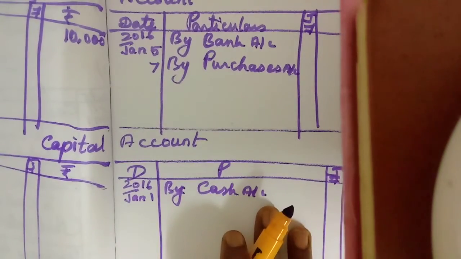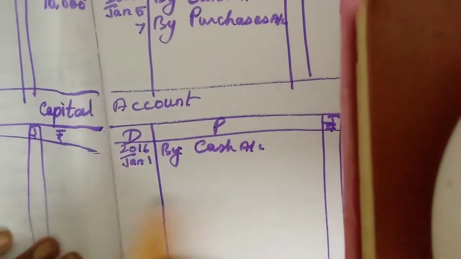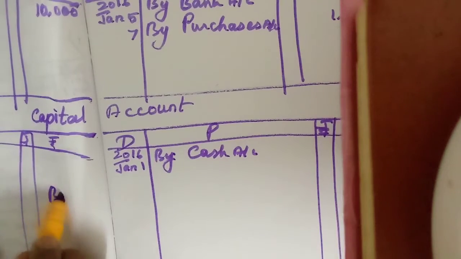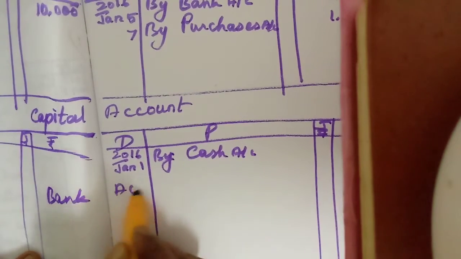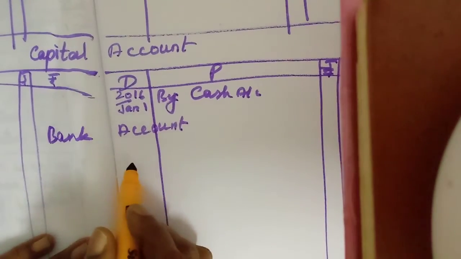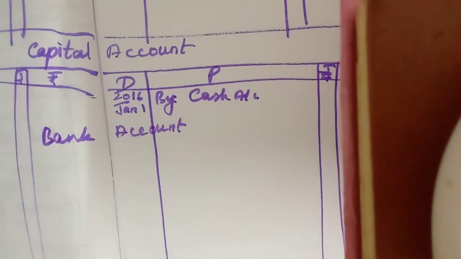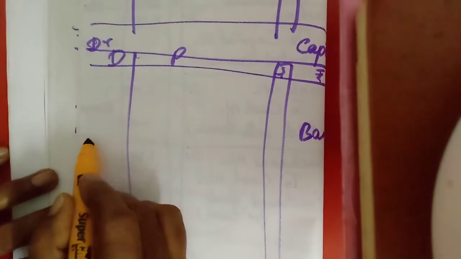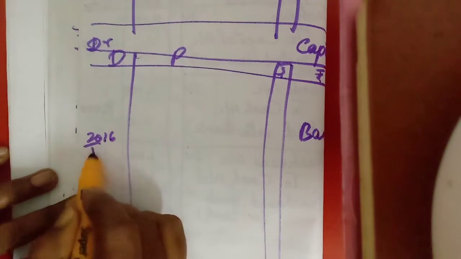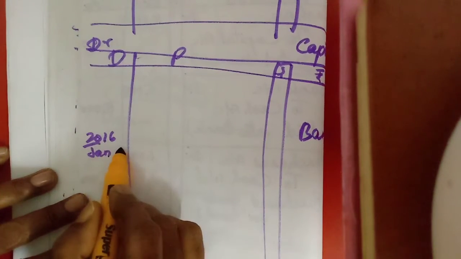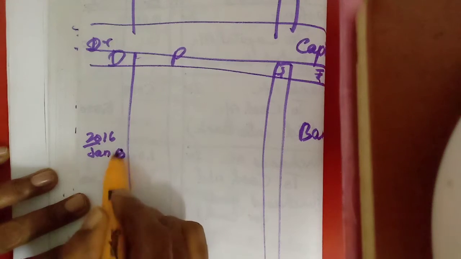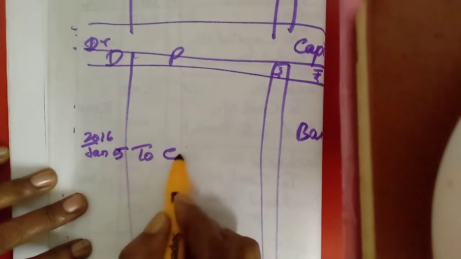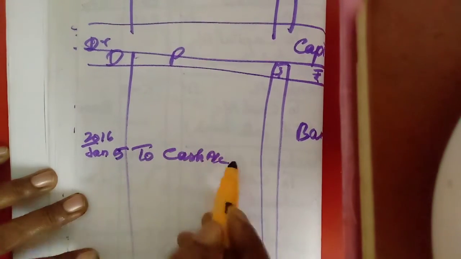Third one, bank account. So we will write here bank account. Bank account debtor to cash, so debit side: to cash, 2016 January 5, to cash account, 5,000.